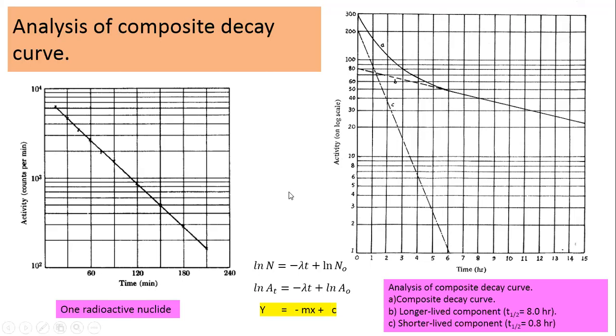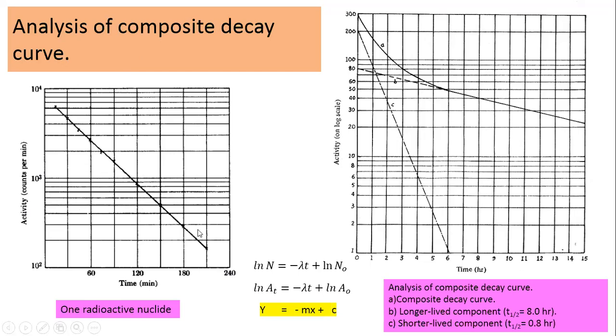The first simple case: this is the integrated equation. Again, there is no need to take the natural log of N or A, the number of radioactive nuclides or the activity of the radioactive nuclide, because we are using the Semilog paper and it already has the log axis. The y-axis is already a log axis, so you can directly put the values on the y-axis and get the data by using the Semilog paper.